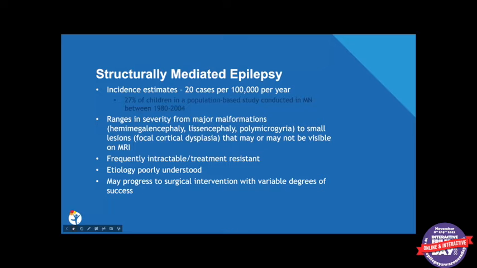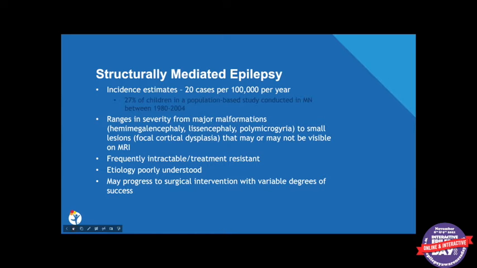Structural malformations that can cause epilepsy range in severity from major malformations that can affect much of the whole brain, hemimegalencephaly, lissencephaly, polymicrogyria, which can be small locations or bilateral or large parts of the brain, to other small lesions such as focal cortical dysplasia that may or may not be visible on MRI.